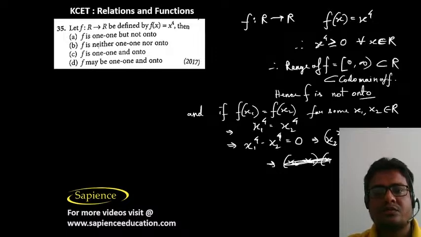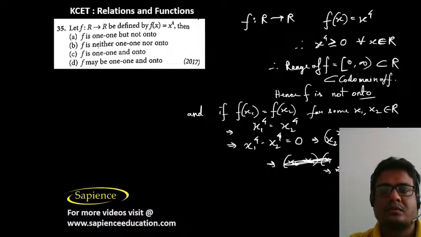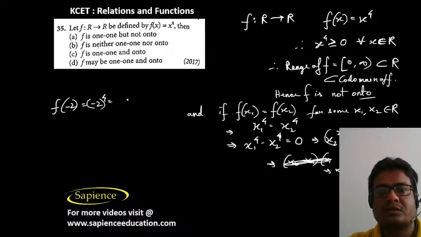It will happen only if x1 and x2 both are 0. So x1 squared will be equal to x2 squared if both x1 and x2 are not 0, which means x1 should be equal to plus or minus x2. For example, f of minus 2 is minus 2 whole power 4, which is 16, and f of 2 also is 16.